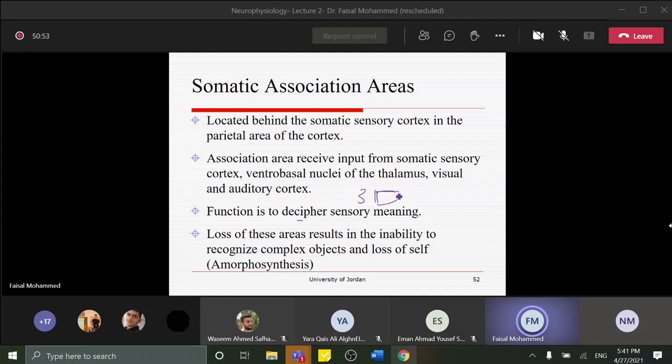That's the function of the association area. If this area is destroyed, that person will be unable to form the shape of an object, because the shape of an object needs 3Ds. We will discuss it later.